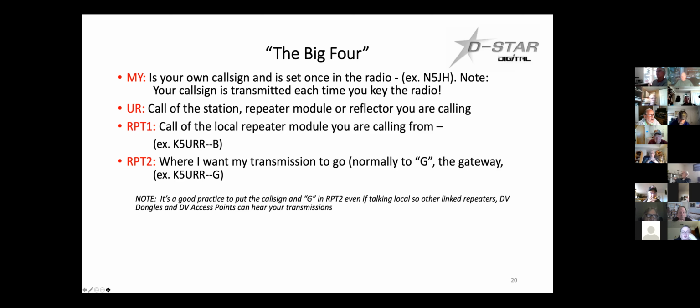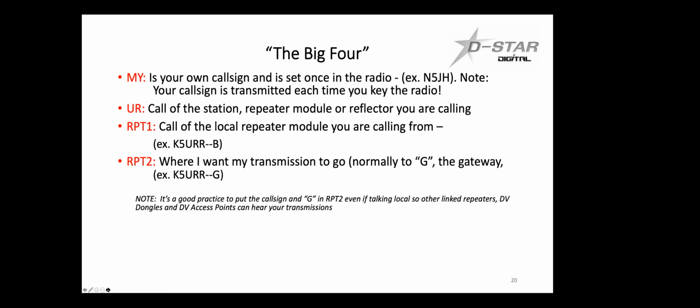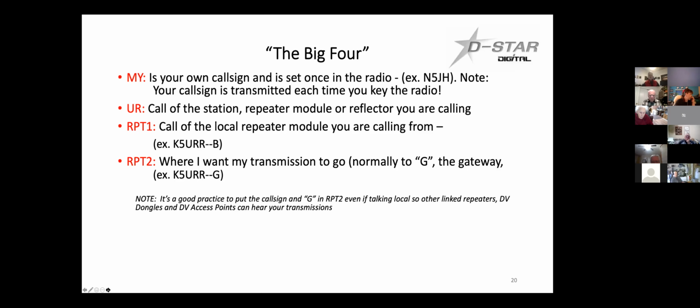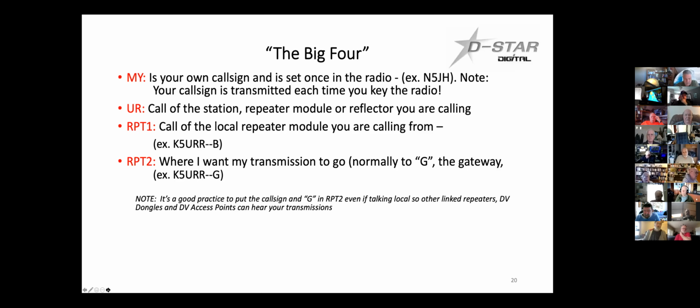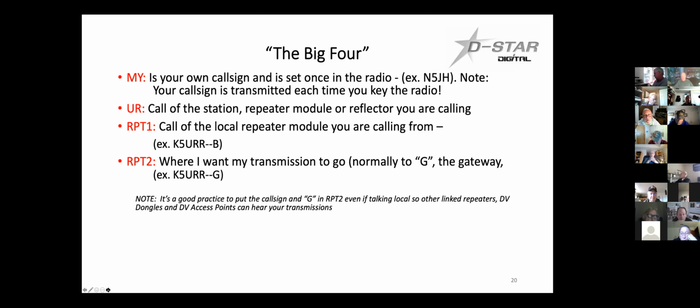And I usually work off of the B module. And remember, the B module is the UHF module. The C module is the VHF module. And then repeater 2 is the same call sign, but with a G. And 95% or more of the time, you're going to have K5URR with 2 spaces and a G.